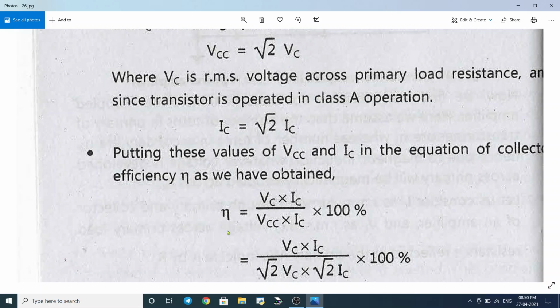So if we substitute these values, the collector efficiency or conversion efficiency, eta equals VC into IC divided by VCC into IC multiplied by 100%. Substituting the values, we have eta equals VC into IC divided by root 2 VC into root 2 IC multiplied by 100%.